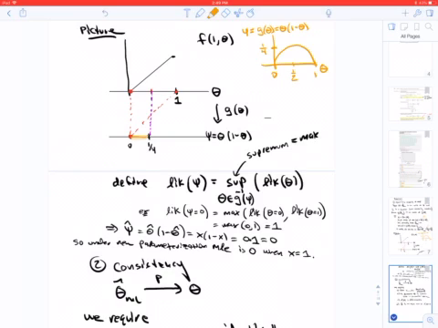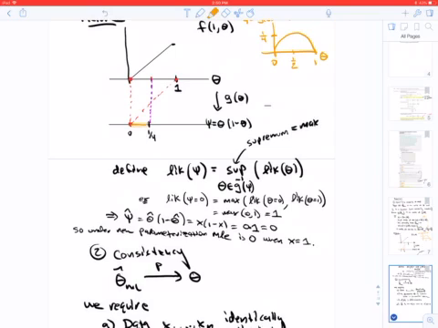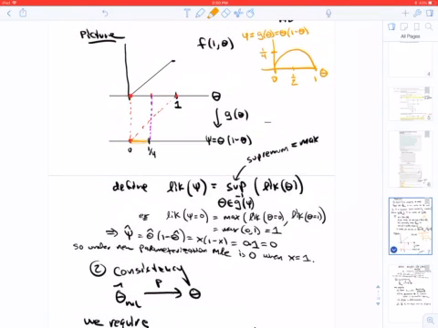And now, we don't need G to be 1 to 1. It could be, for example, 2 to 1, but then when we define our likelihood function, we just need to say which value we need to take.